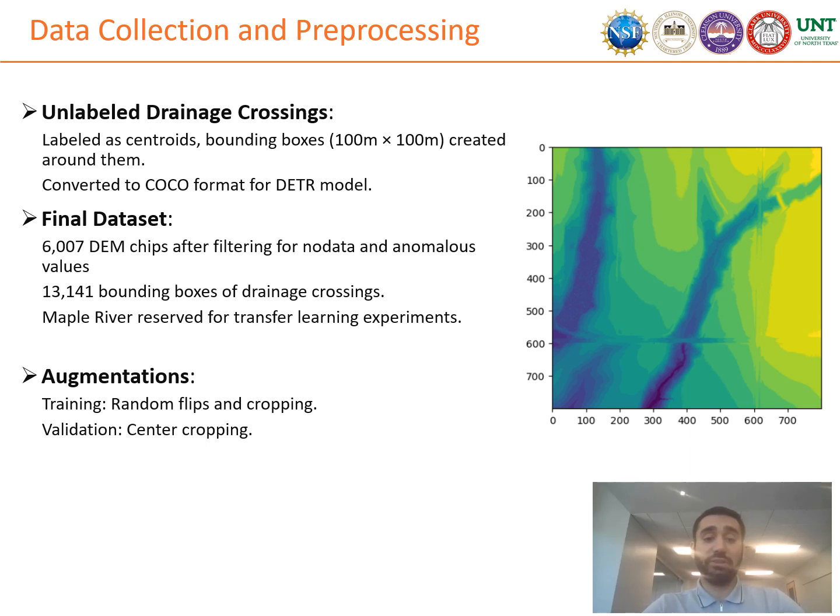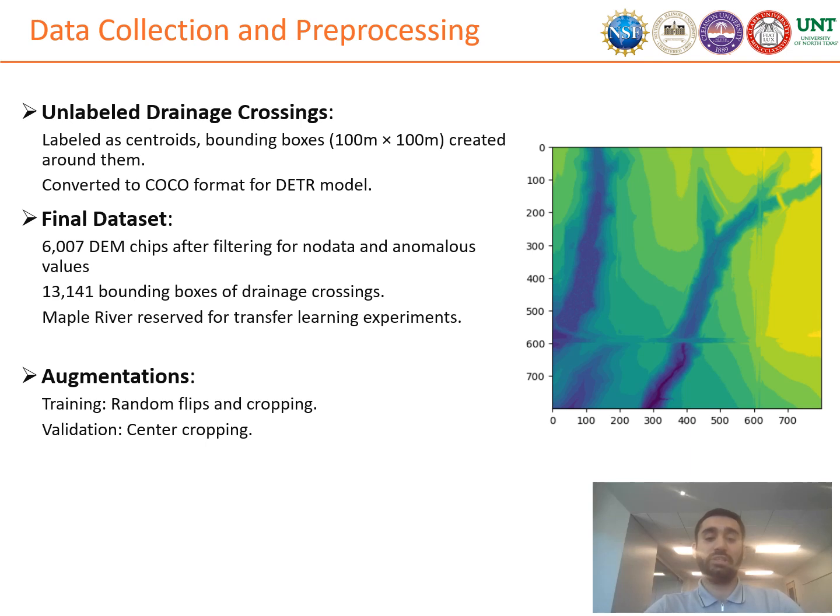Furthermore, we converted the data labels into COCO format, which is essential for DETR models. So the final data set contains about 6,000 DEM chips after filtering of no data and anomalous values, and overall more than 13,000 bounding boxes for drainage crossings.